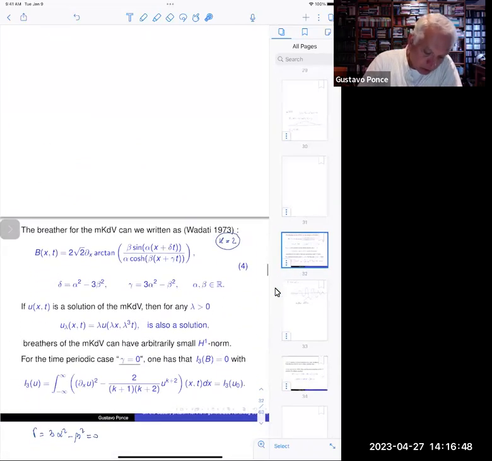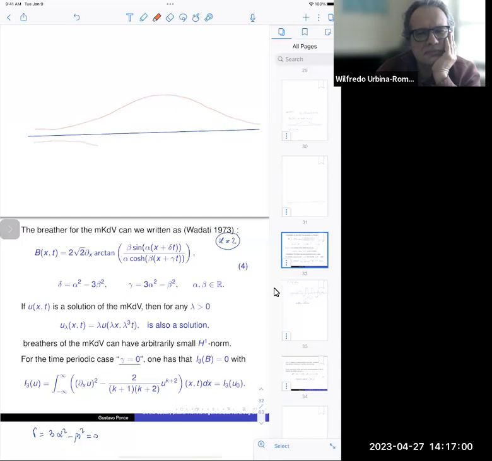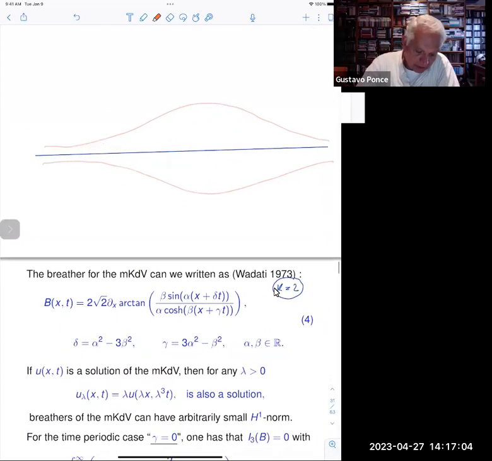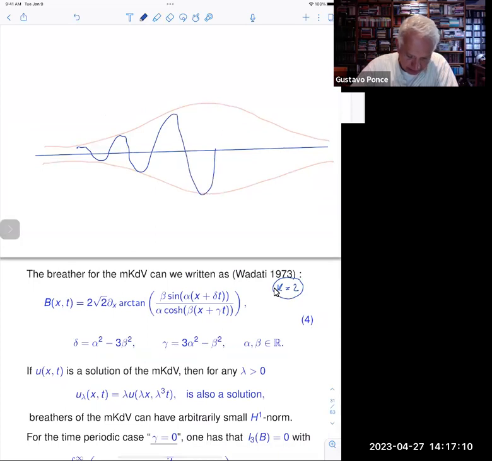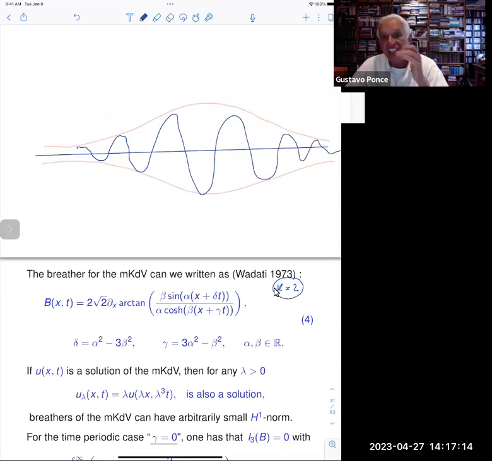Your solution is going to look like this. This is the hyperbolic secant, and you have a solution that looks like this, and it's periodic in time.